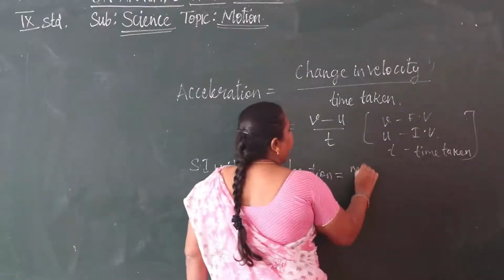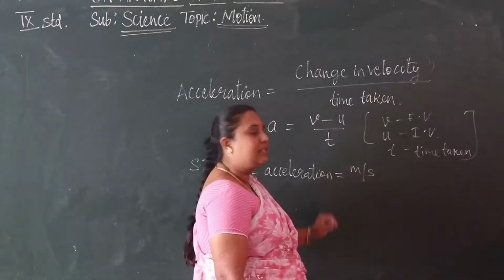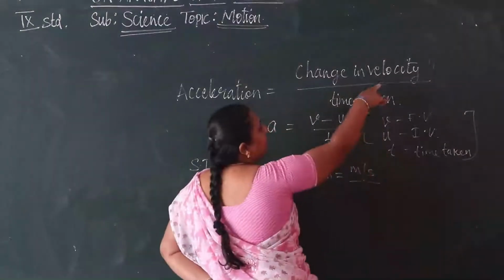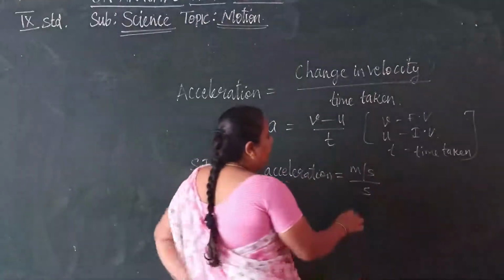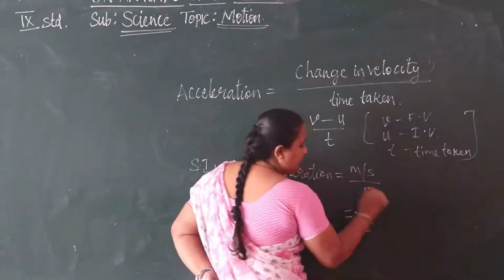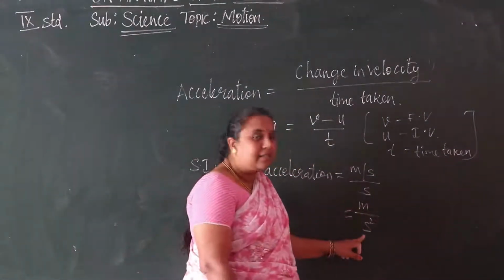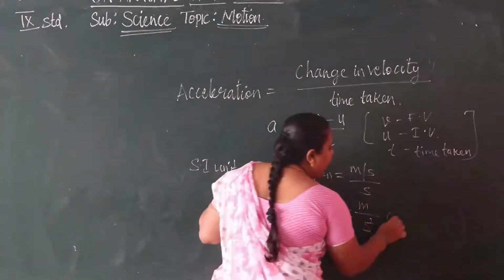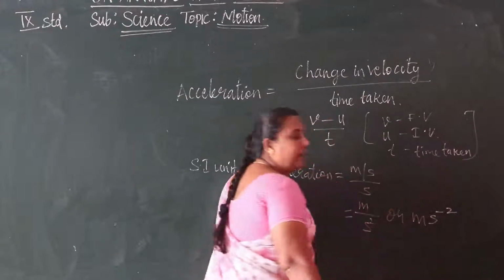We have meter per second. By, what is the SI unit of time taken? Again, second. So we can write this as meter per second, per second. The SI unit of acceleration is meter per second square, or we can write it as meter second minus 2.